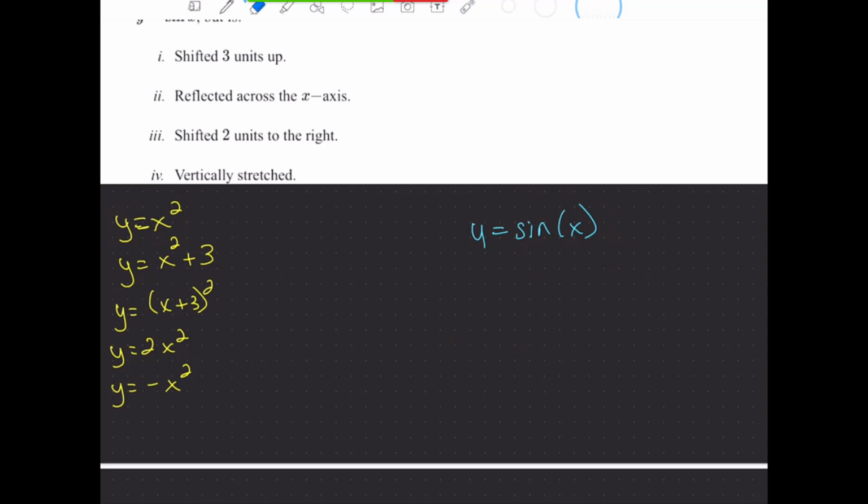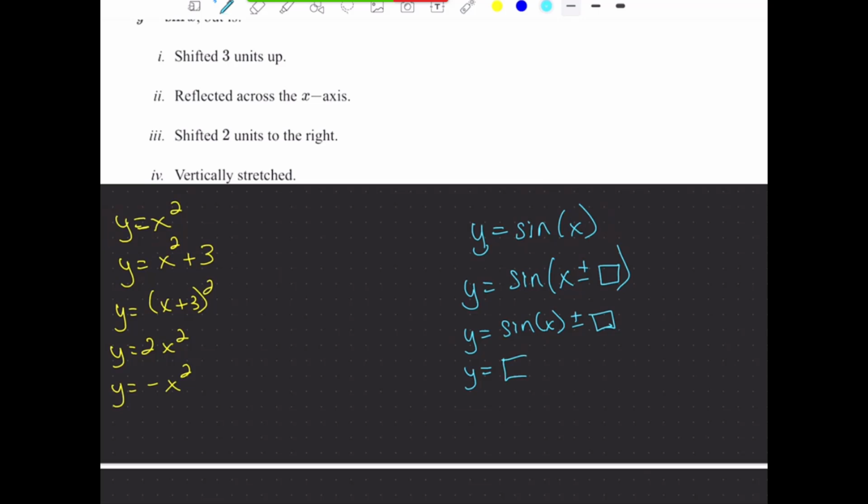So what I want you guys to do is you're going to do the sine of (x plus or minus some number) and see what that does to the graph, right? Write that in your notes. Y equals sine of x, and then plus or minus some value that's not in the parentheses. That's going to do something different to the graph.